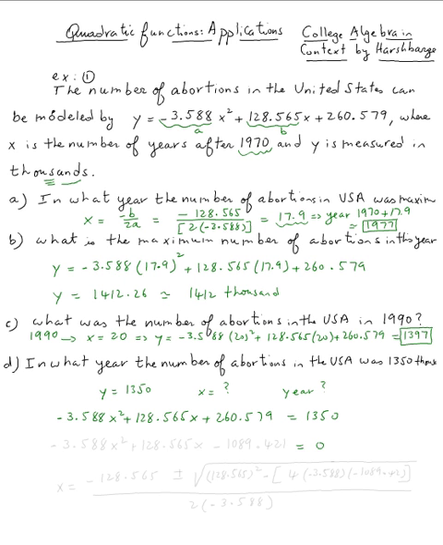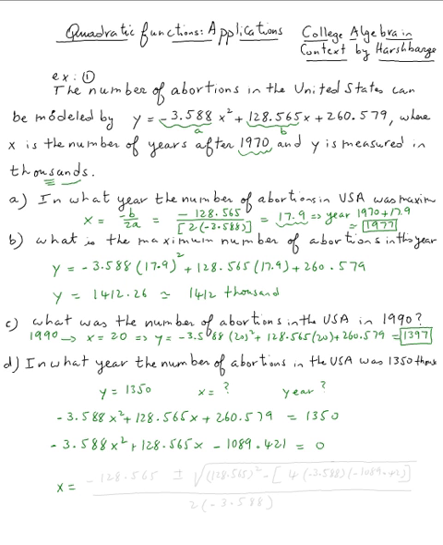If we do that, we get negative 3.588x squared plus 128.565x. Now 260.579 minus 1350 will give you minus 1089.421. Now all we do is use the quadratic formula.